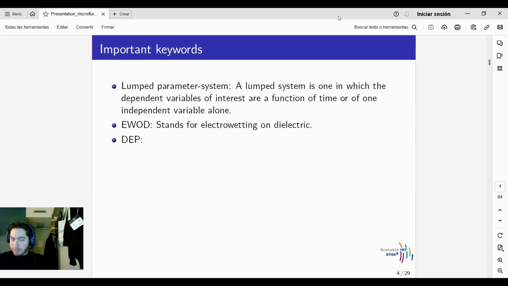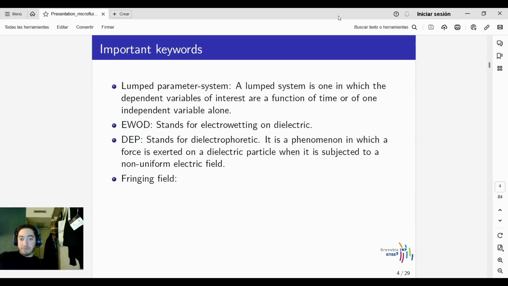The next term is EWOD, which stands for electrowetting on dielectric. Maybe we are a little bit familiar with this term because it is what we have been studying in the course of microfluidics. The next term is DEP, which stands for dielectrophoresis, the case that I explained a little before. It is the phenomenon we observe when the force exerted on a dielectric particle is subjected to a non-uniform electric field that varies in time or in space.